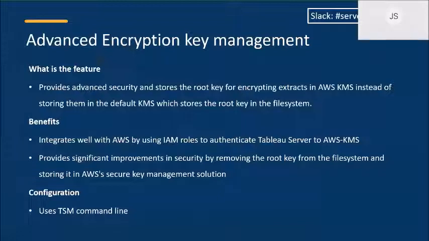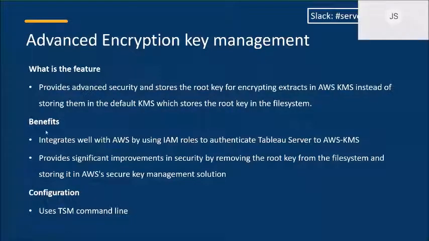For customers that may have more stringent security and compliance requirements, we've introduced the ability to integrate with AWS's KMS to meet those requirements. This allows the root key for the encryption, instead of being stored within the local KMS and the local file system, to be stored within the AWS KMS. And this is better for security and better integration with AWS.